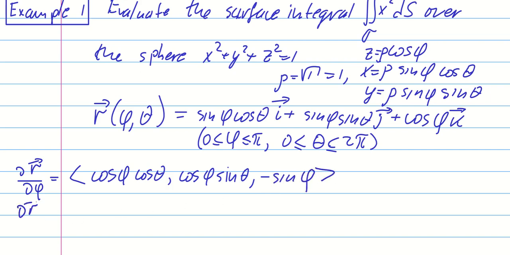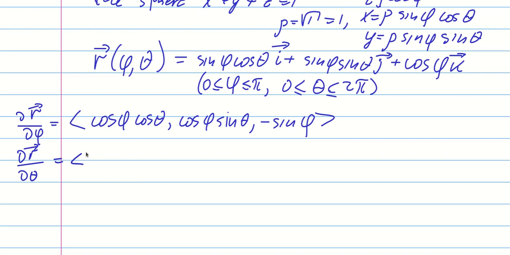Then we need to calculate dr d theta. So dr d theta will be negative sine of phi sine of theta, the derivative of this part. For the second component, we're going to get sine of phi cosine of theta, and for the last component we're going to get 0, right?